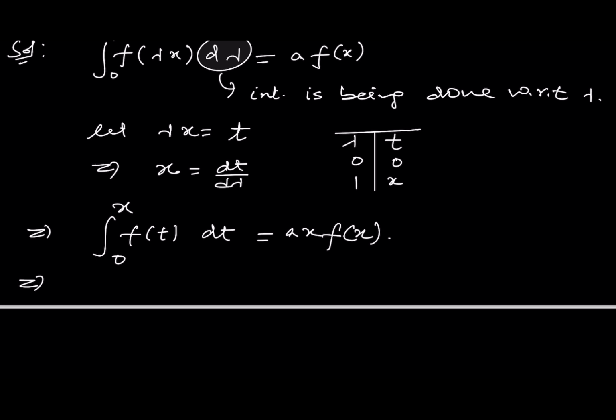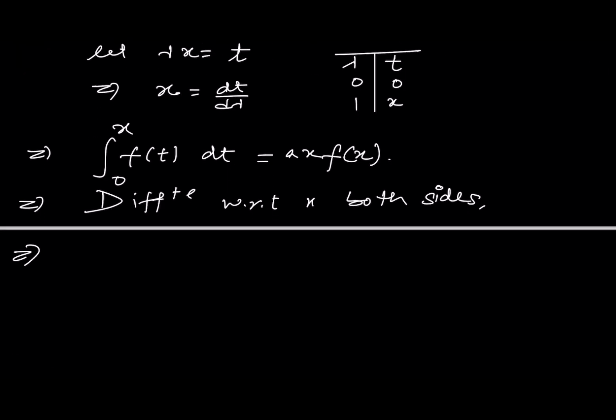Now, if I differentiate with respect to x both sides, then in LHS I will use the Newton-Leibniz theorem. So by using this, it will become f of x into 1 minus 0. And in RHS, it will be a f x plus a x f dash x, right?